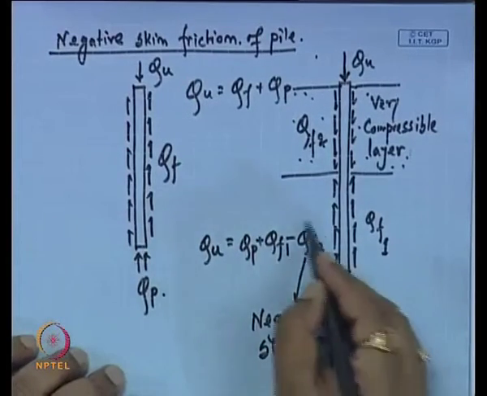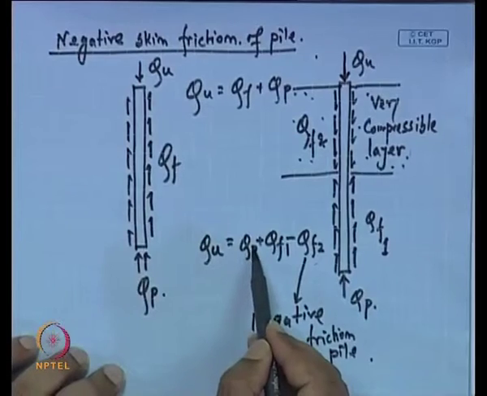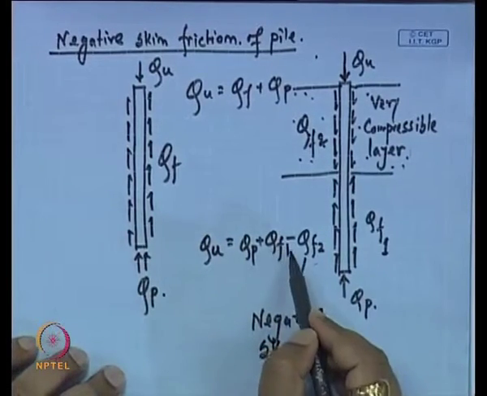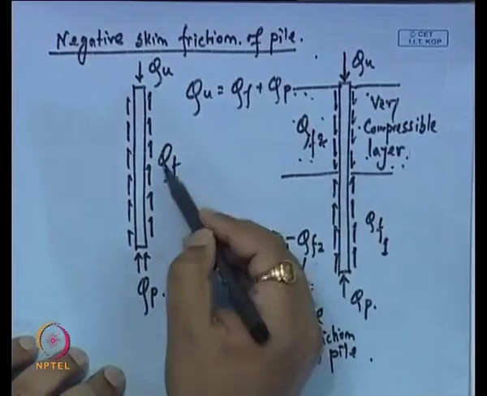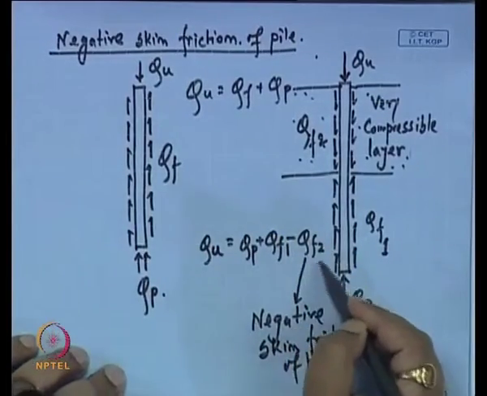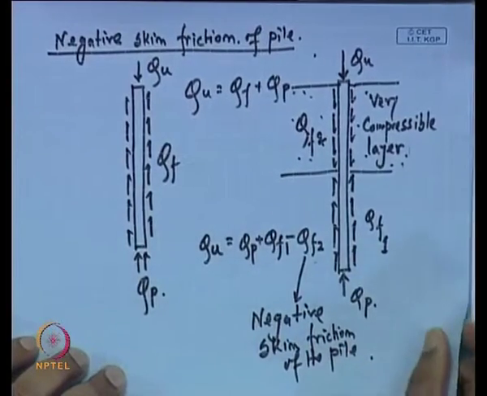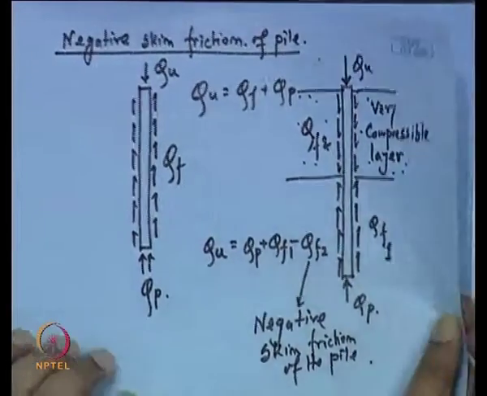So, now we will calculate. We know how to calculate Q p for different soils, and we have already explained how to calculate Q f1, that is the friction resistance. Then how to calculate Q f2, that we will discuss in this section. Suppose this section is L1, and from this L1 we will see how to calculate the negative skin friction in a single pile.